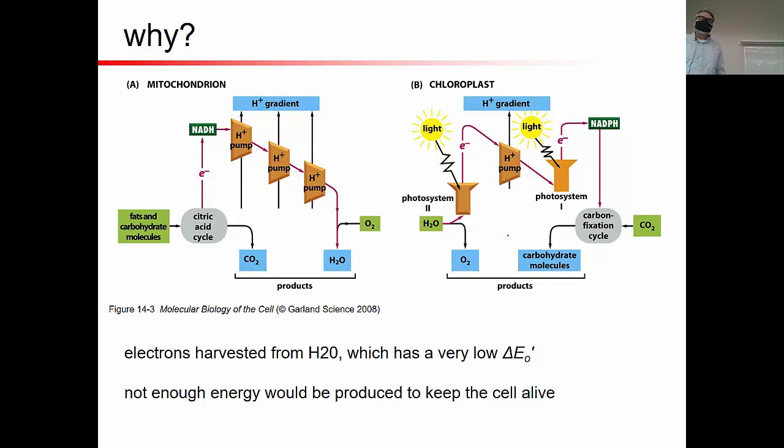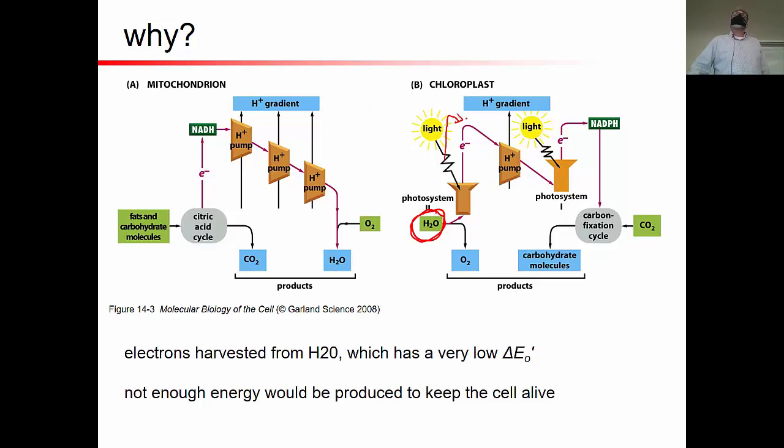In contrast, plants get their electrons from water, and the electrons can't flow from water onto NAD+ or FAD. They can't flow directly in there, so we can't do much with those electrons. So what we do is energize them with light, as can be seen here.